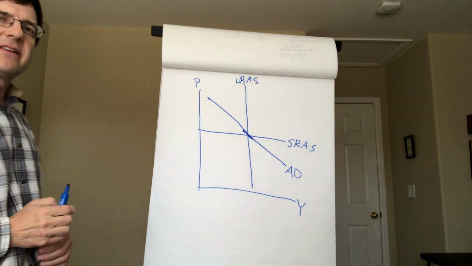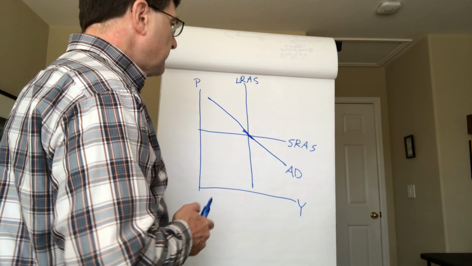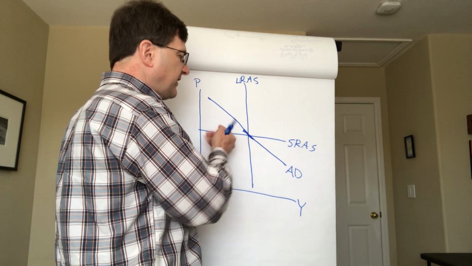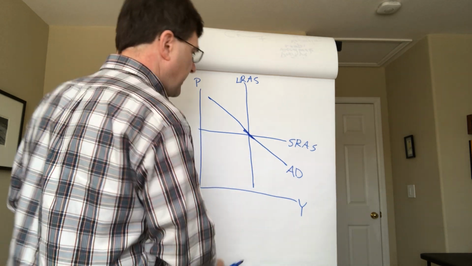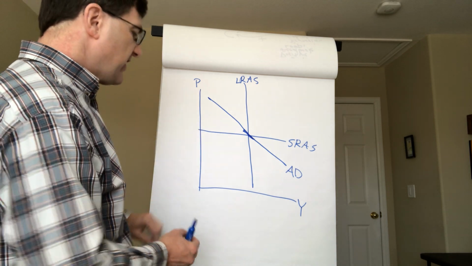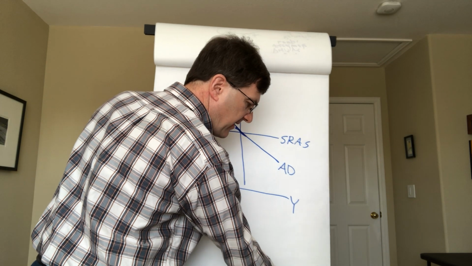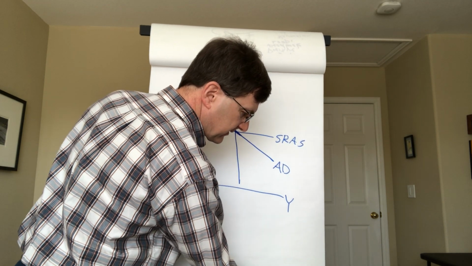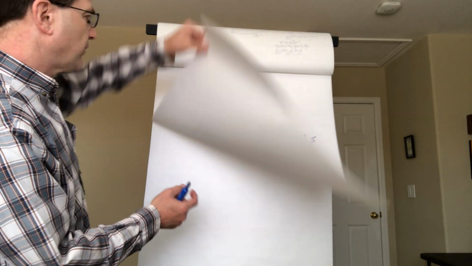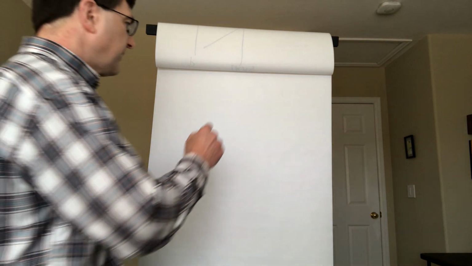Now, I'm going to make things even simpler by just focusing in on this aggregate demand, this quantity dimension. The price is sticky, it doesn't move very fast, so we actually don't need to focus on that in the graph. Let's just focus on that one dimension of quantity.